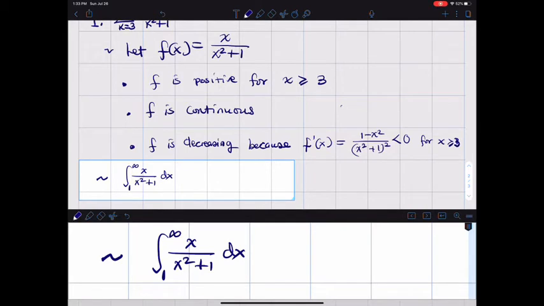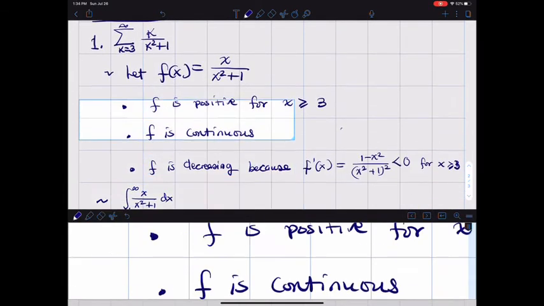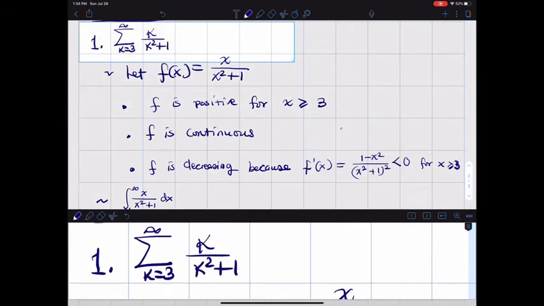I'm just saying 3 because our series starts from 3. But if the series starts from 1 and it converges, then from 3 would definitely converge. And if it starts from 1 and it diverges, if it starts from 3, it diverges still. So it doesn't really matter.